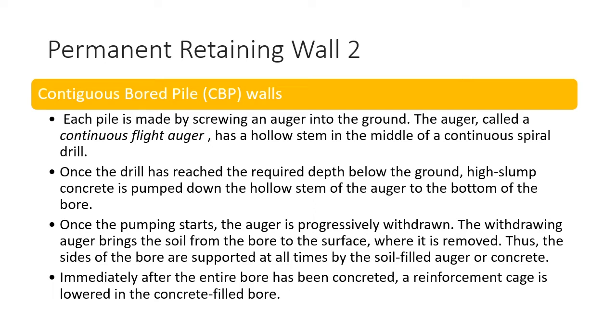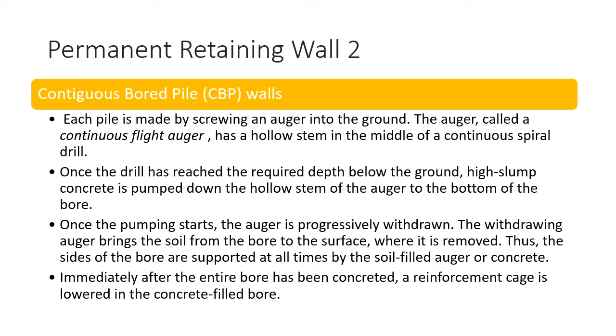Once the pumping starts, the auger is progressively withdrawn. The withdrawing auger brings the soil from the bore to the surface. Dia akan bawa, sebab dia kan macam auger, dia berpusing. Jadi pusingan dia tu akan bawa naik tanah ke atas. Thus, the sides of the bore are supported at all times by the soil-filled auger or concrete. So that's why masa auger tu dekat bawah lagi, kita dah start pump concrete.